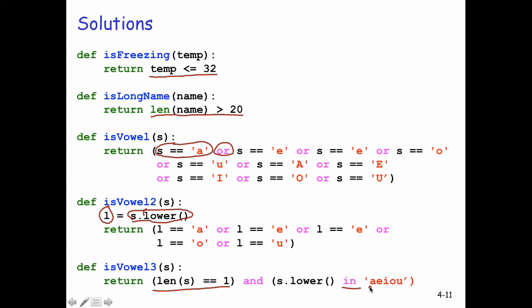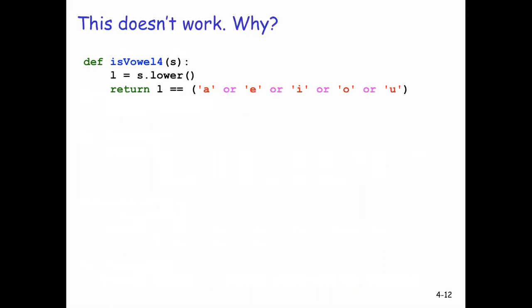Otherwise, we would have, say, a 2-character string AE as satisfying this. But this is another version of this function predicate, and it shows that there are many different ways to define a predicate correctly. Let's take a look at a solution that does not work.